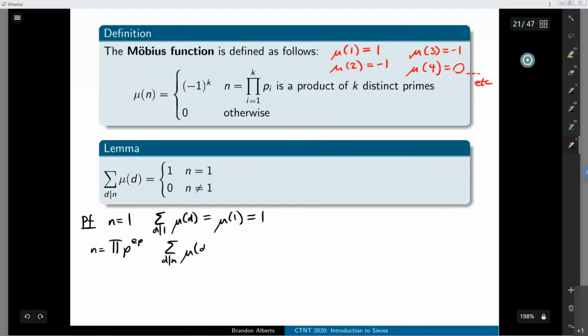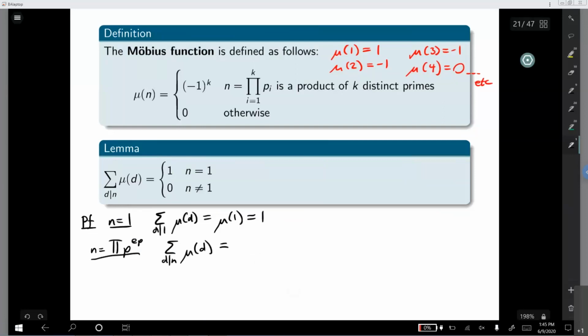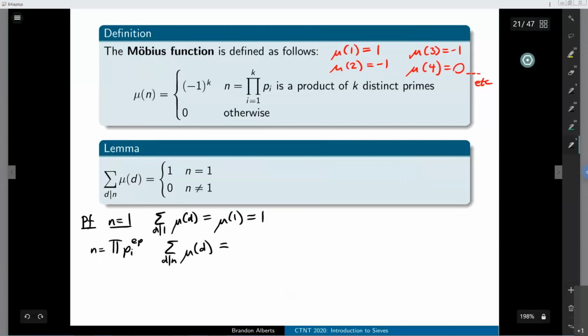Well, if we take a sum over all divisors of n, we know that the Mobius function is only non-zero if the number we're plugging in is not divisible by any squares. So if n is a product of these primes, maybe I should index them, i equals 1 up to k, we can list out the possible choices for the divisors that give you non-zero values of the Mobius function. 1 is a divisor of every number.